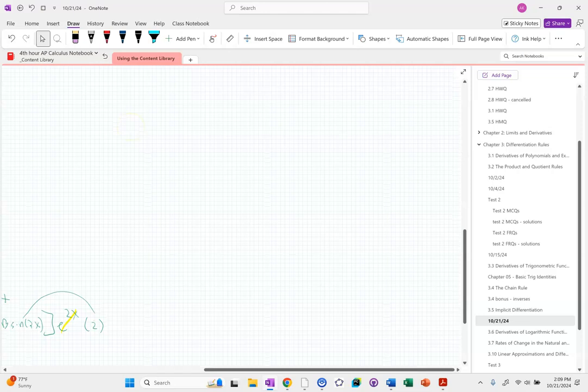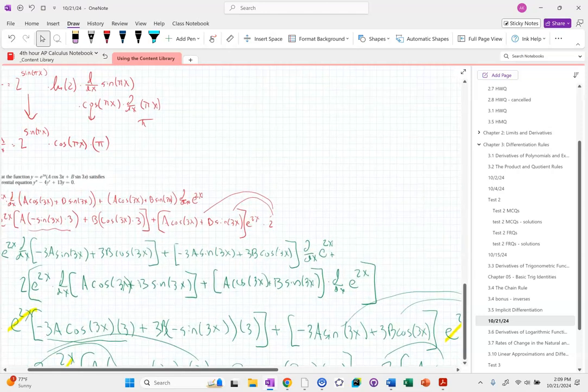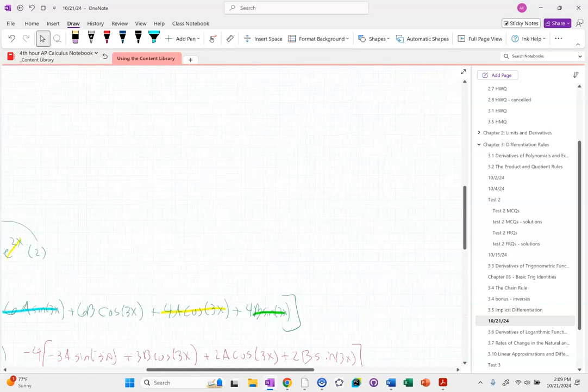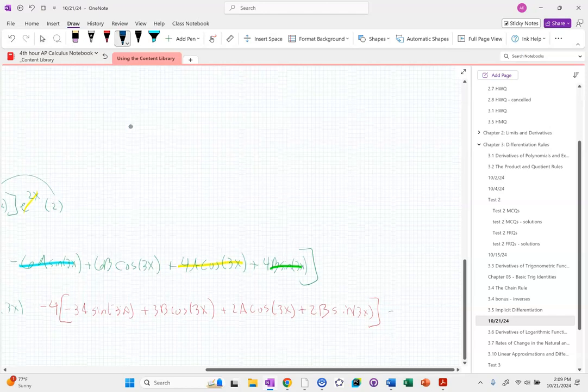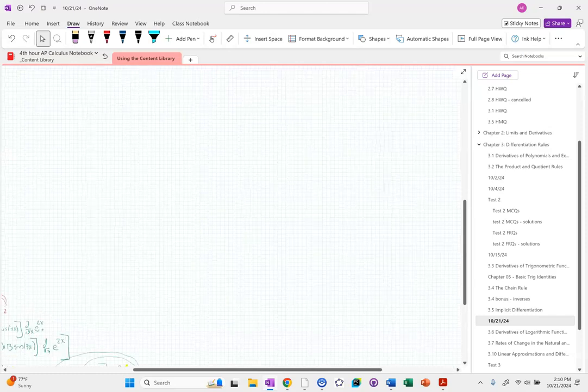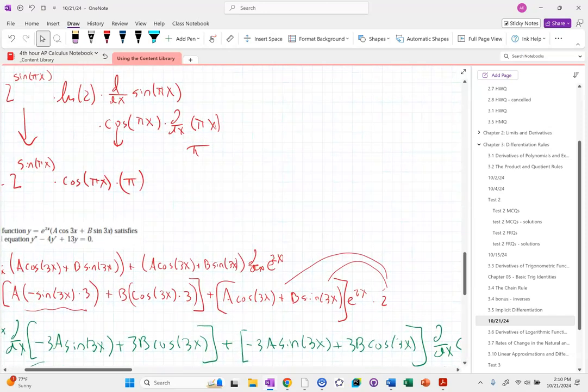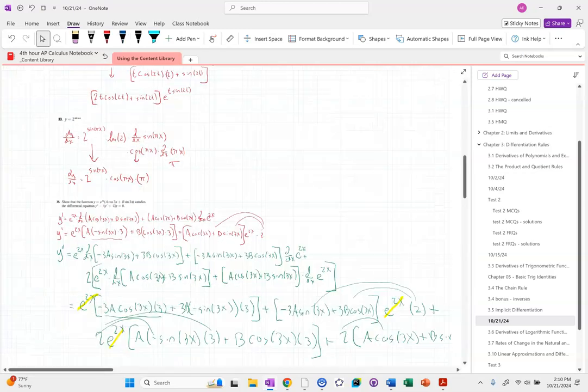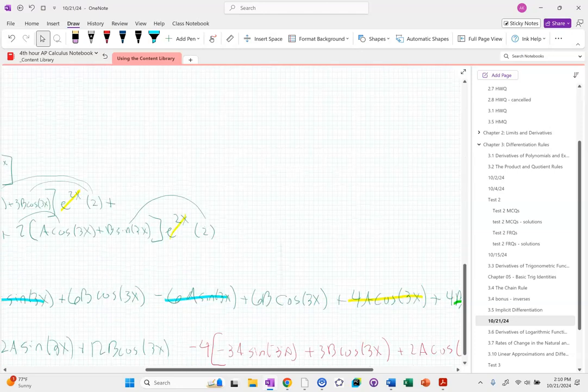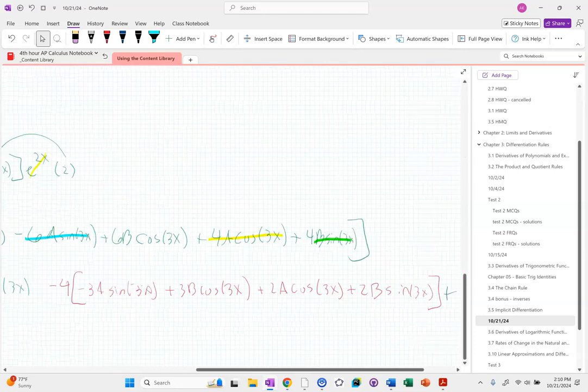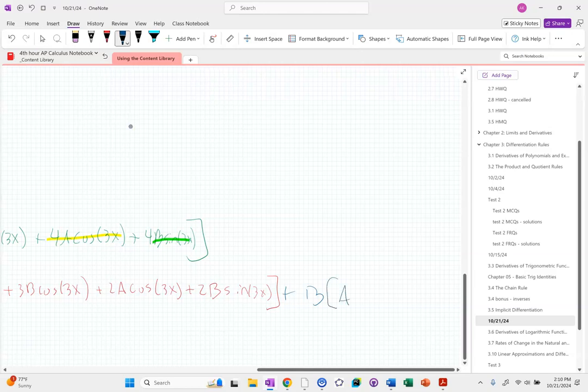And then what's left here? Plus 13 and the original. Again, because that has an e to the 2x stuck onto that also, I'm not going to put it all inside that same big set of parentheses, so that's just going to be a cosine 3x, and then b sine 3x.